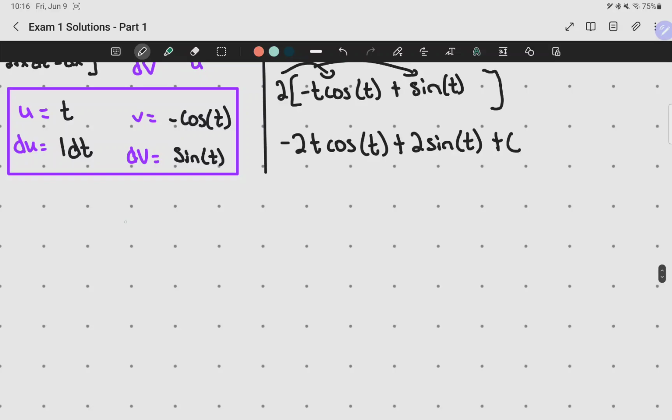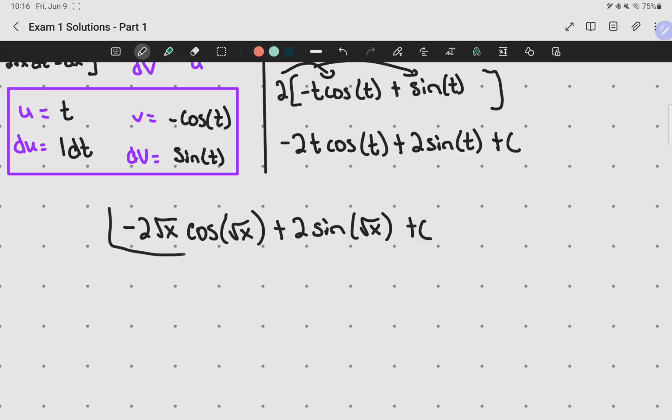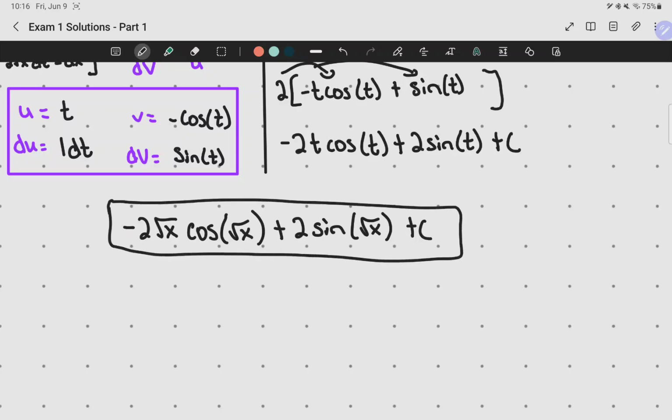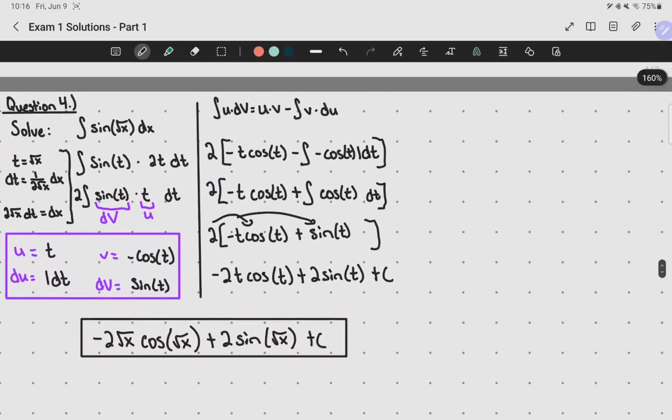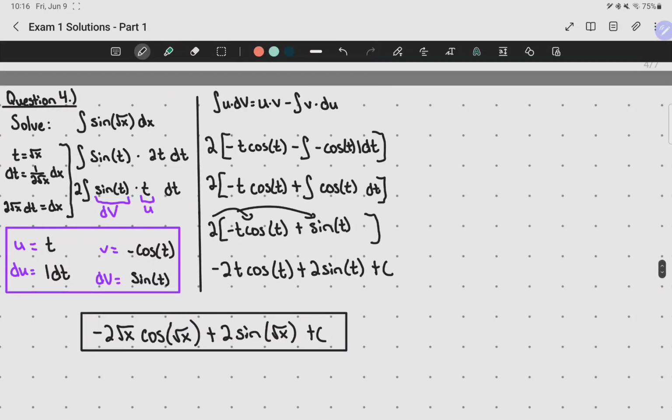So what we actually have is negative 2 square root of x cosine square root of x plus 2 sine square root of x plus c. So that is going to be our final answer for that. We will move on to part 3 here in a little bit. So thank you.